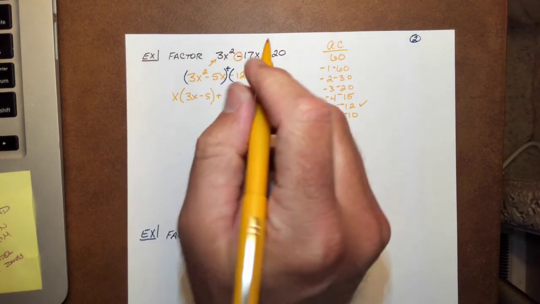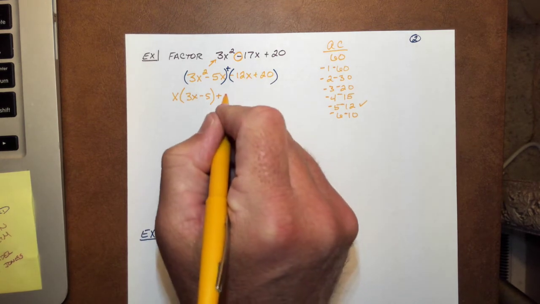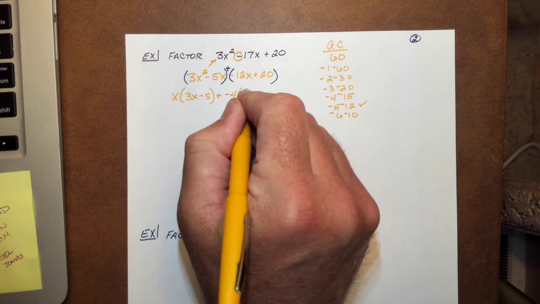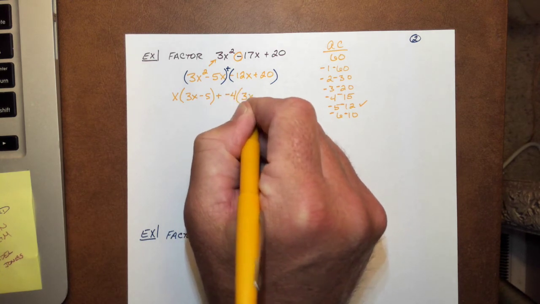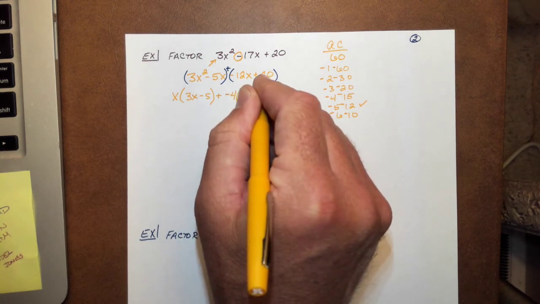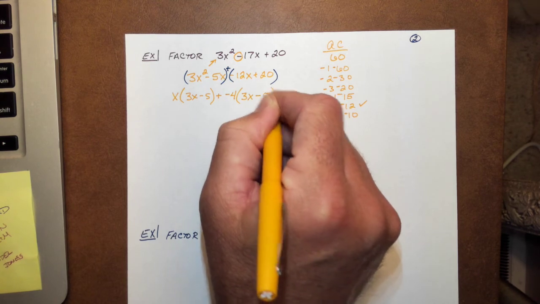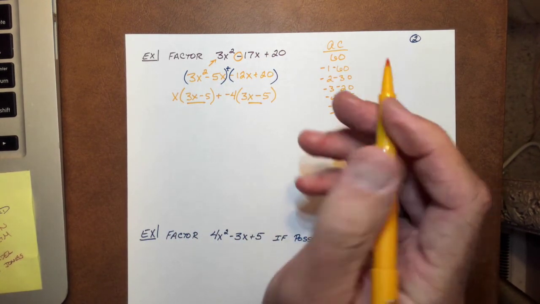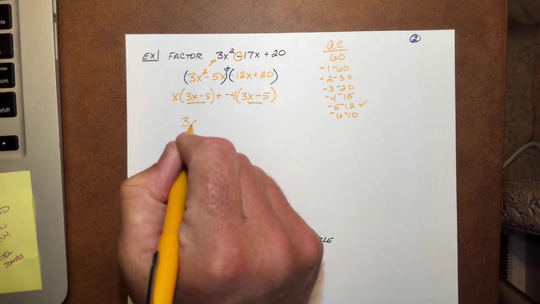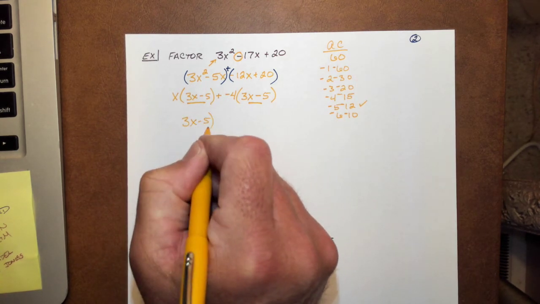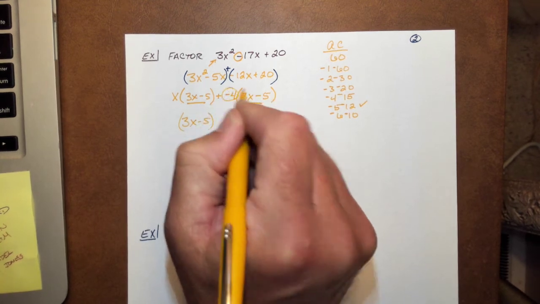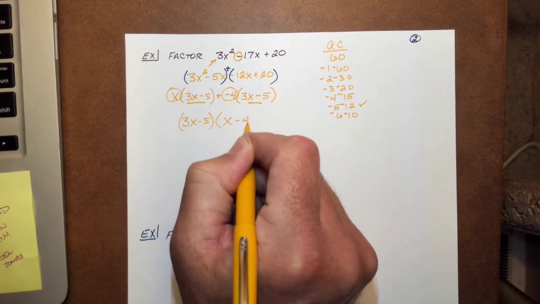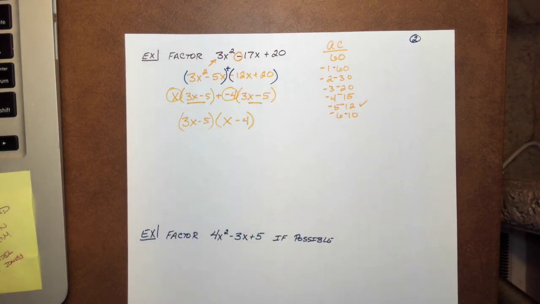We're going to factor out a negative number. Negative 4 is common between both of those, so we factor out: 3x, positive divided by negative, minus 5. We've got our common factors again. So 3x minus 5 was common. It's been factored out. What's left? x minus 4. So now that has been factored.